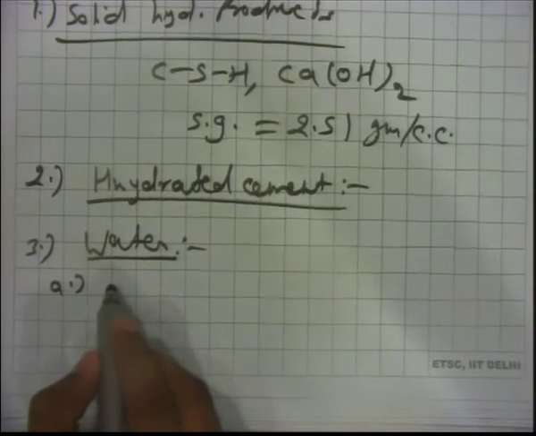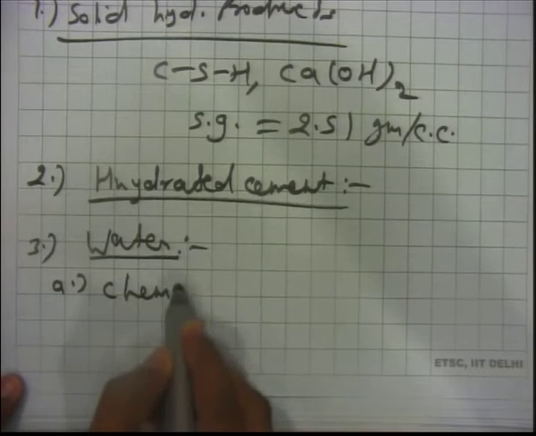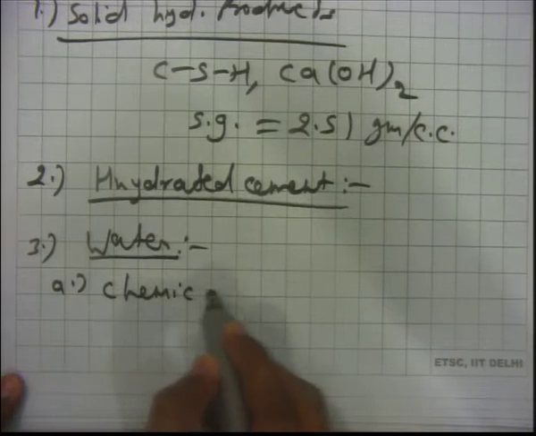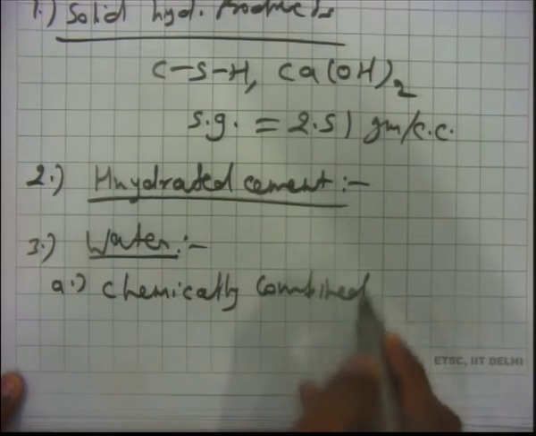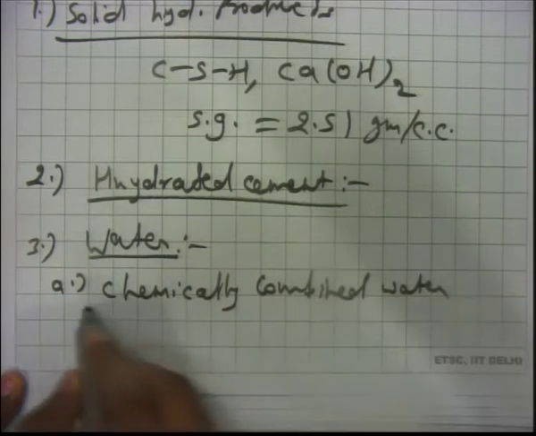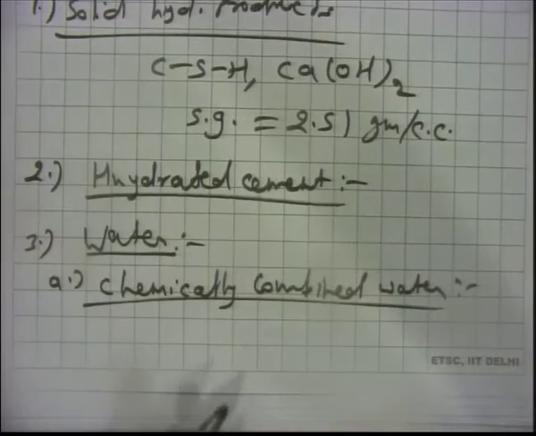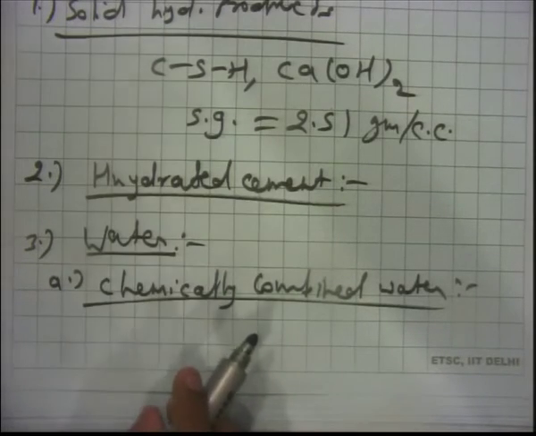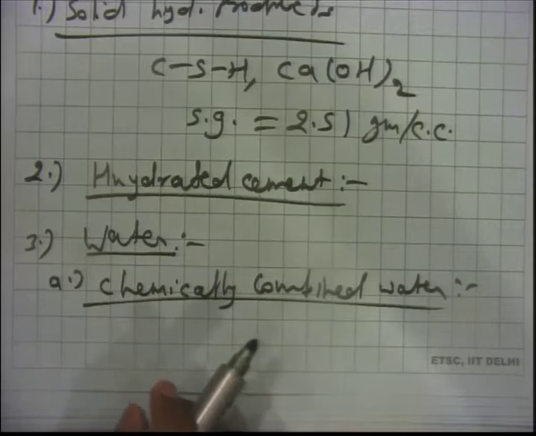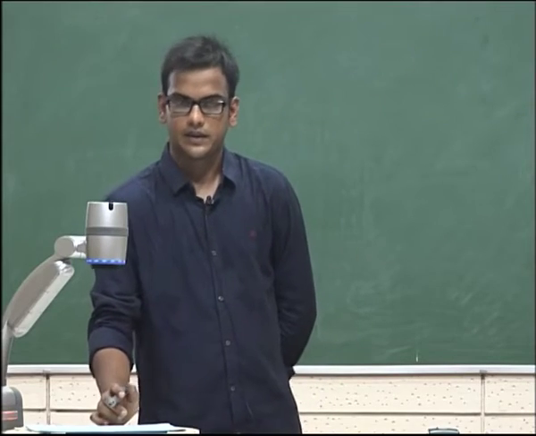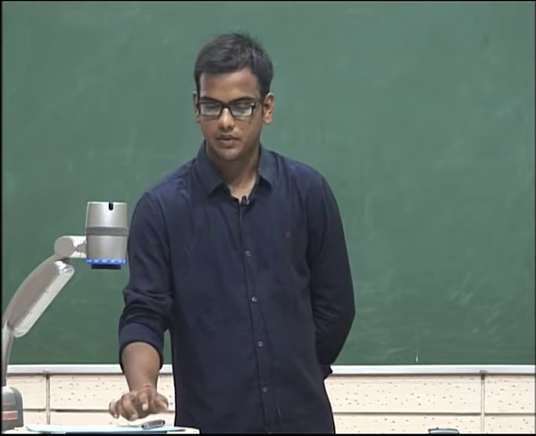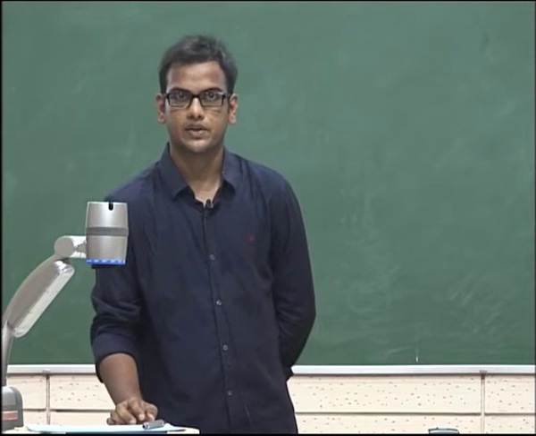First is chemically combined water, as we see in the schematic diagram. This is the water which is chemically bound to the molecules of the solid hydrated products. This water cannot be evaporated, as we know that chemical bonds are strong in nature.